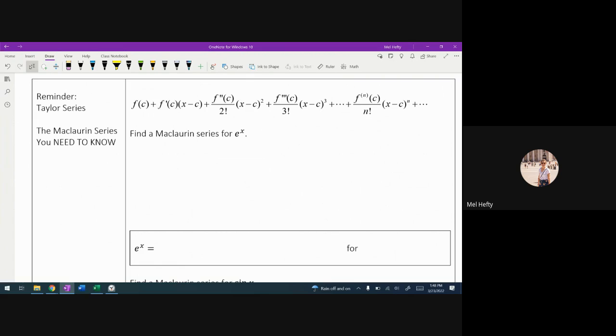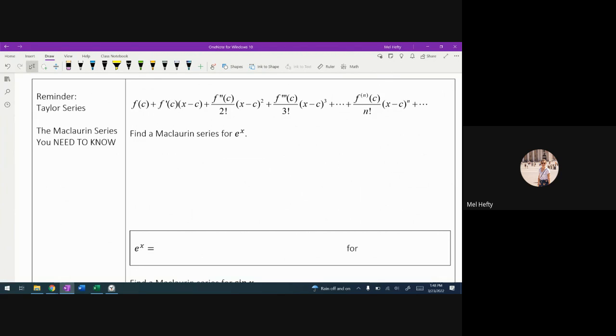All right. I would love to do the first page of this. It's going to take a little bit of time, and then we're going to take a break. So let's get going. Eventually, we are going to have 3 elementary Taylor series that we will have memorized.